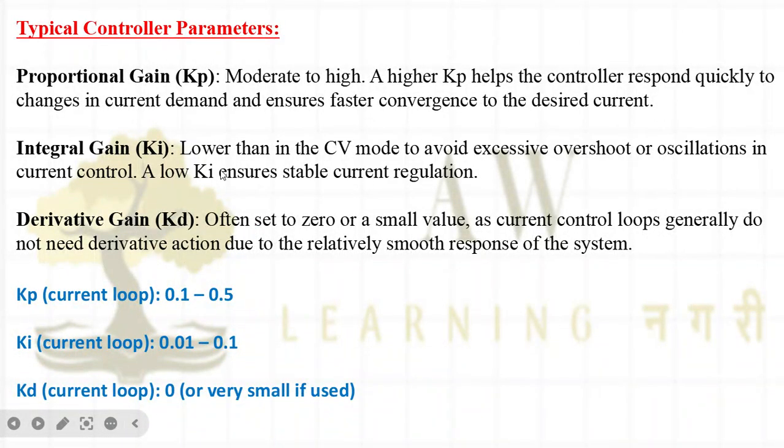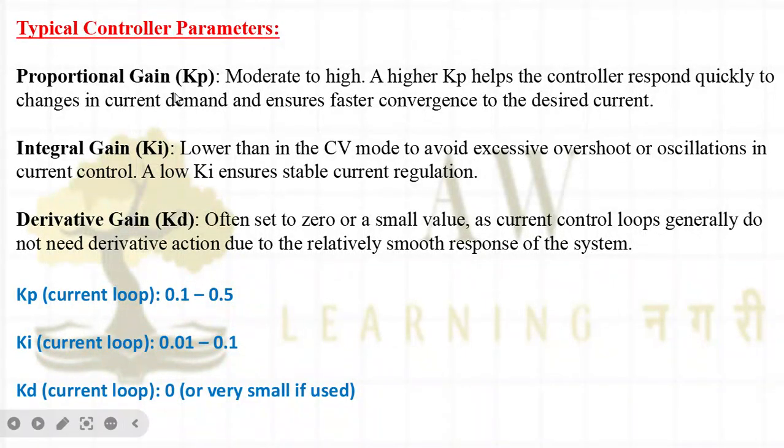So here you should take a low integral gain, but when I did the simulation for constant voltage mode, I told you to take a higher value. So here also both are opposite in nature. Keep these two things in your mind: for constant current mode, KP is moderate to high and the integral gain is lower. The derivative gain I generally keep as 0.